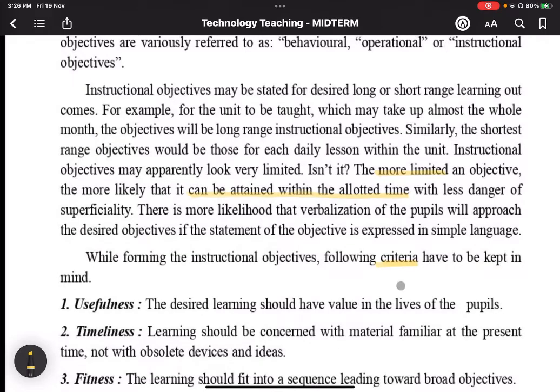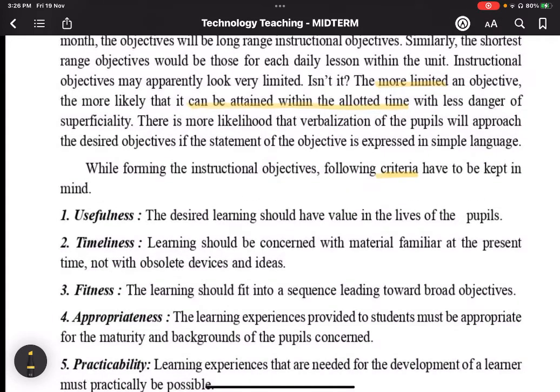So ito 'yung mga criteria, no, in forming instructional objectives, no? Number 1 is usefulness. The desired learning should have value in the lives of the pupils. 'Yan. And mabubuo mo lang 'to kung kilala mo 'yung students mo in terms of their environment, in terms of their cognitive, affective, and psychomotor skills.